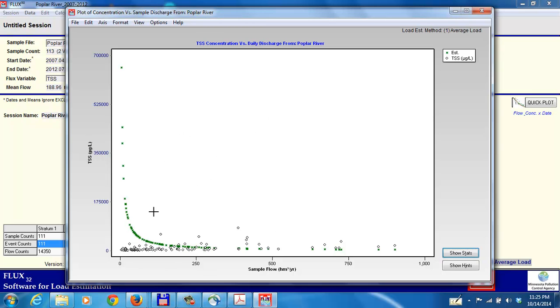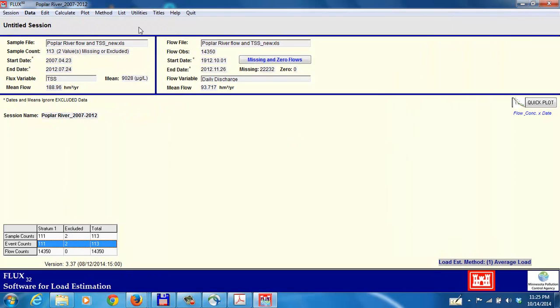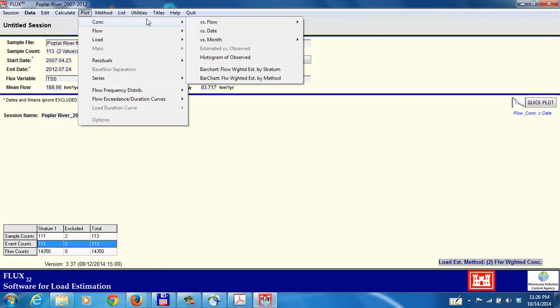Now this is all for a single strata. We would get a different result if we were to break the flow up into the strata as we showed before, and I'll illustrate that later. I'll break up the flow into strata and we'll illustrate it for one of the methods. Now let's look at method 2. Again, plot concentration versus flow.